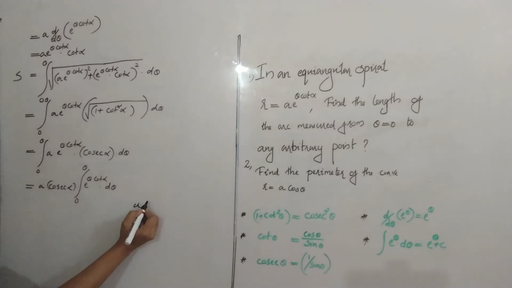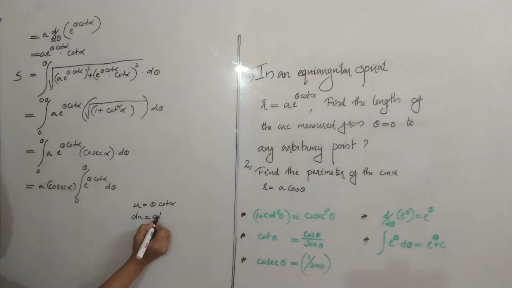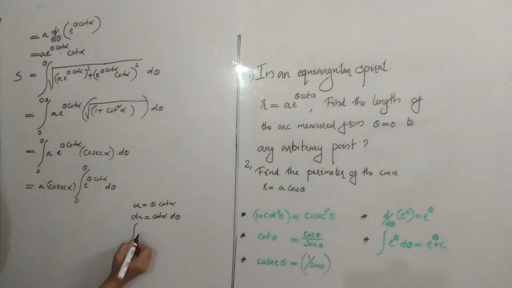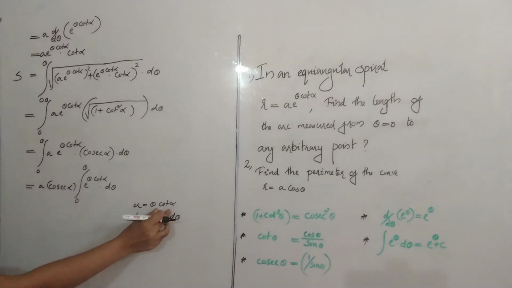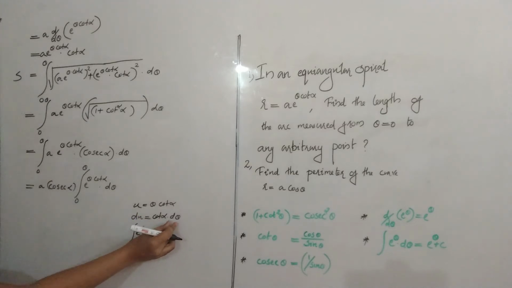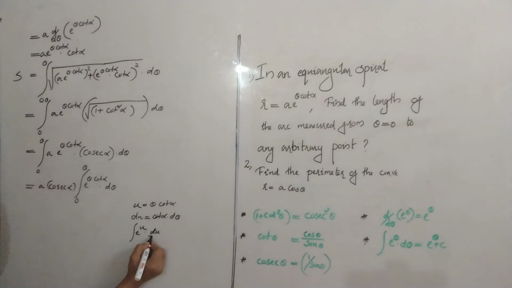Now put u is equal to theta into cot alpha, then du is equal to cot alpha into d theta. Then this integral becomes integral e raised to u, where u is theta cot alpha, e raised to u into d theta. d theta is du divided by cot alpha.